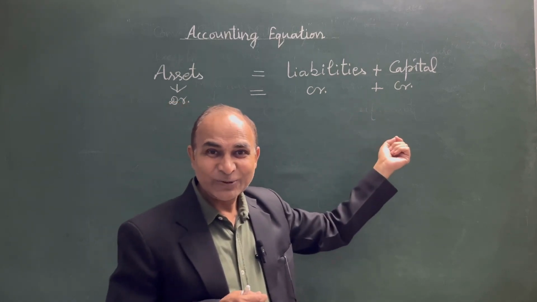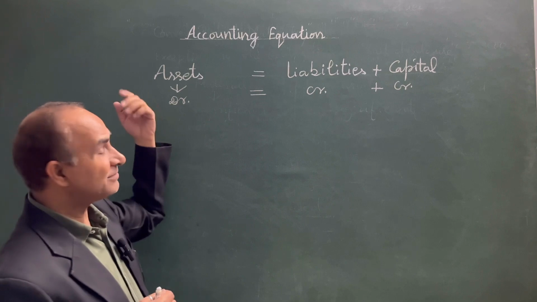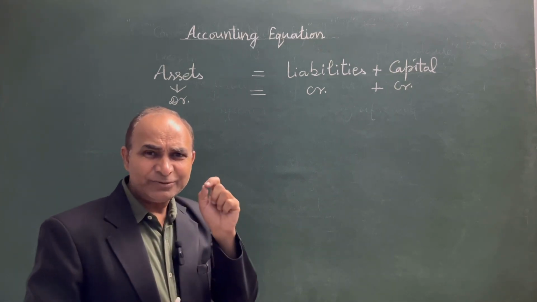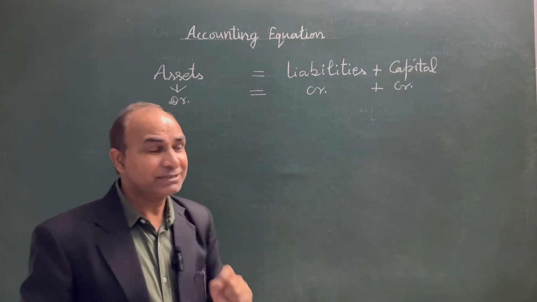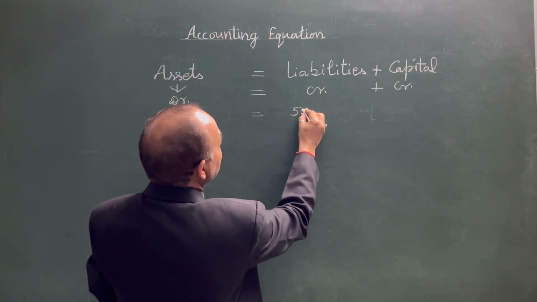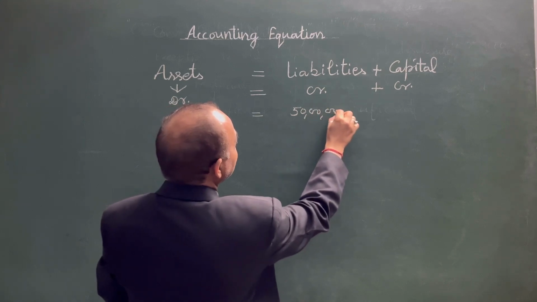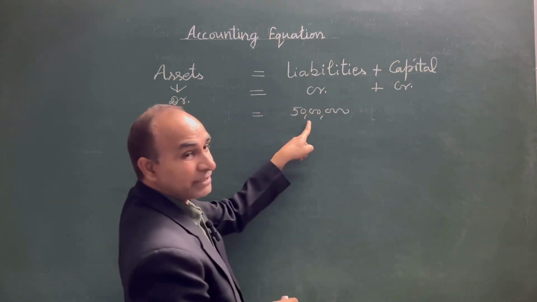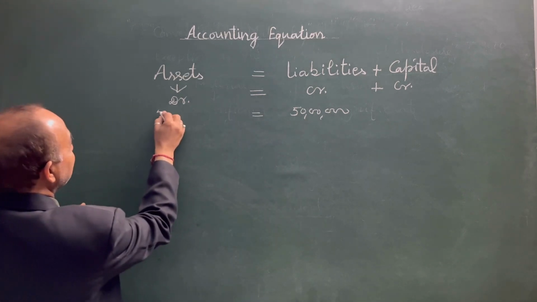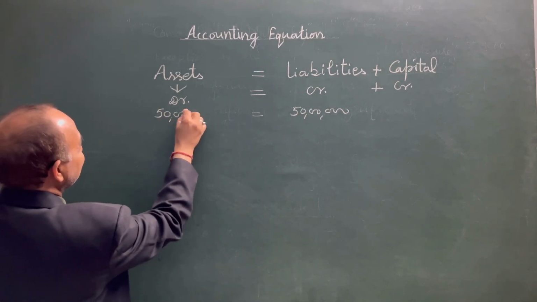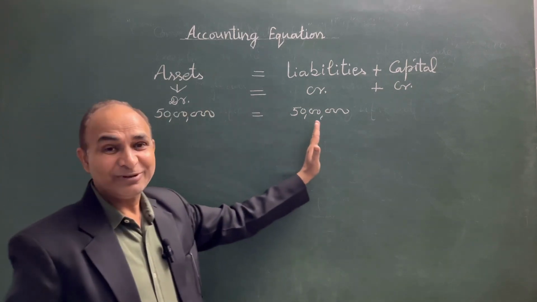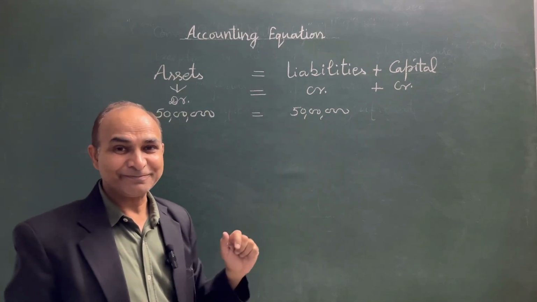We arrange, we acquire assets for the business. Just take an example. For example, you raised a bank loan for rupees 50 lakh. On the one hand, the bank loan means liability increases by 50 lakh. On the other hand, your bank balance increases by rupees 50 lakh. So assets are always equal to liabilities plus capital.